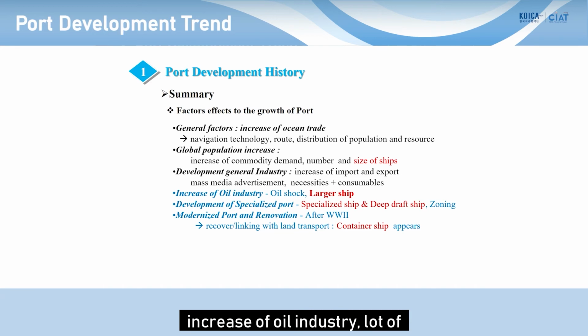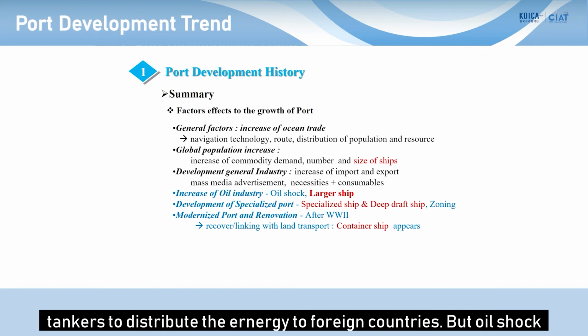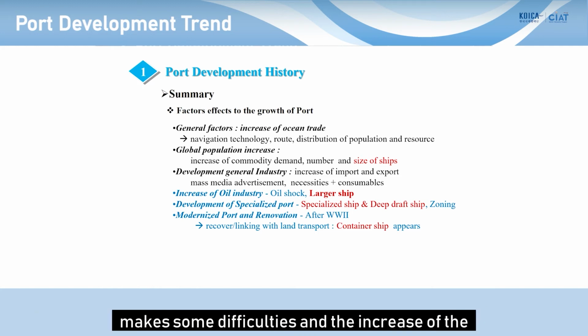What other factors? Increase of the oil industry brings a lot of tankers to distribute energy to foreign countries. But the oil shock made some difficulties, along with the increase of larger ships. And then the trends of the port follow the trends of ship development.